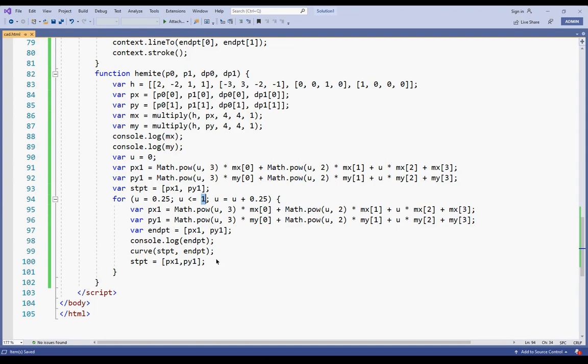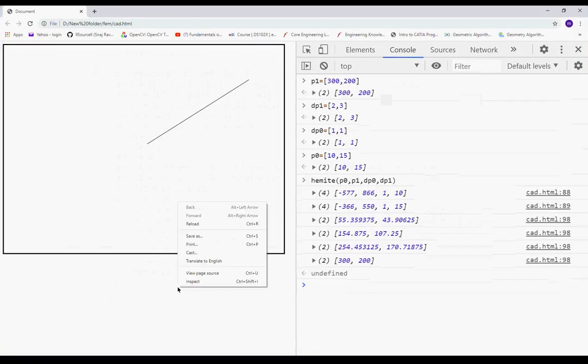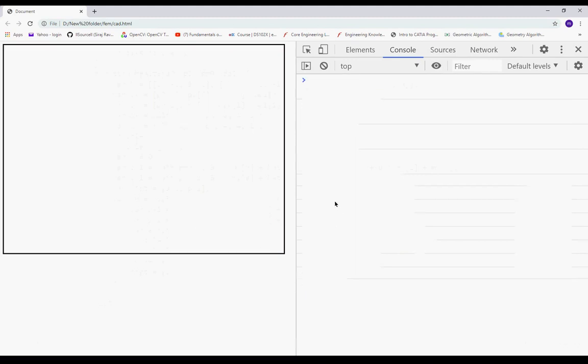How can I do it step by step? console.log end and console.log start. Let's hit save and reload.